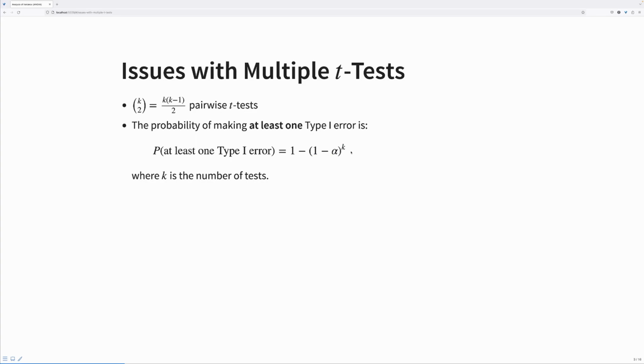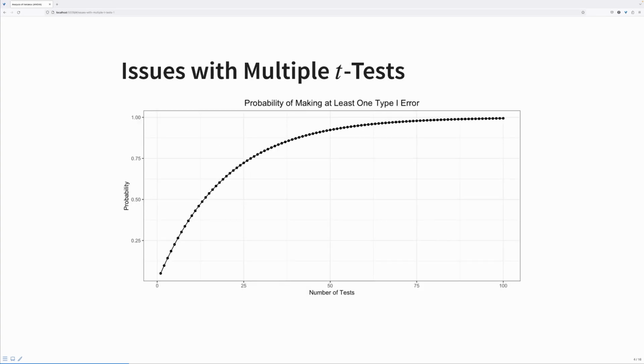And the complement again, the probability of at least one type 1 error, is equal to 1 minus (1 minus alpha) to the power of k. Okay. So as you can see, the more t-tests you perform, the greater the cumulative probability of making at least one type 1 error. So if you have 100 t-tests, almost certainly you will make at least one type 1 error.